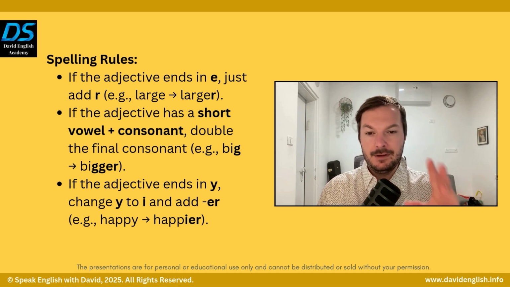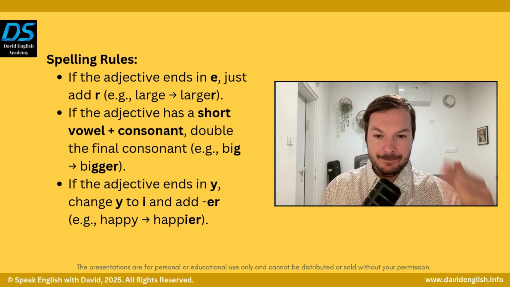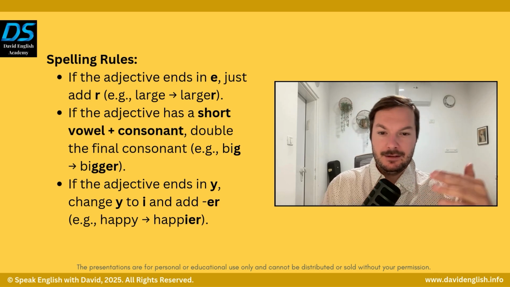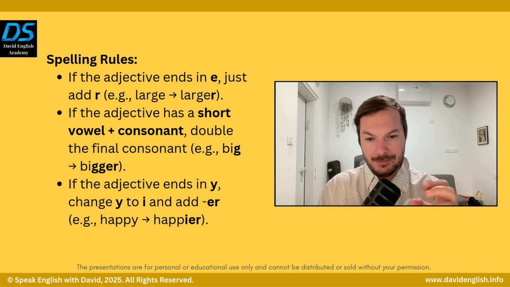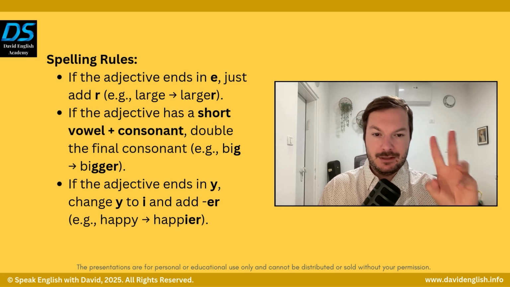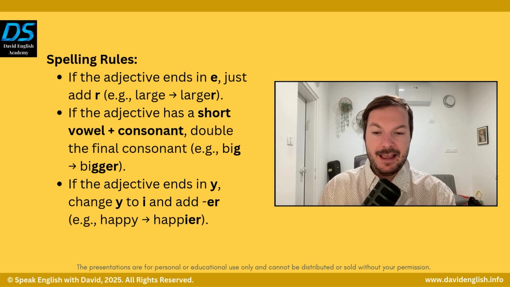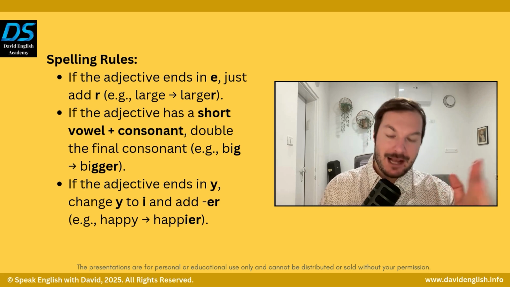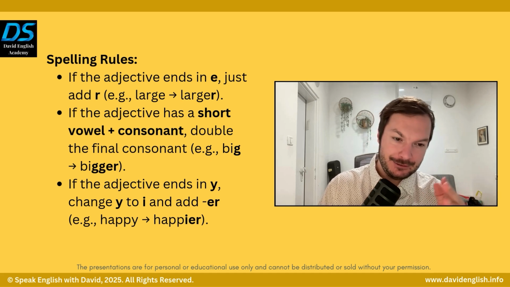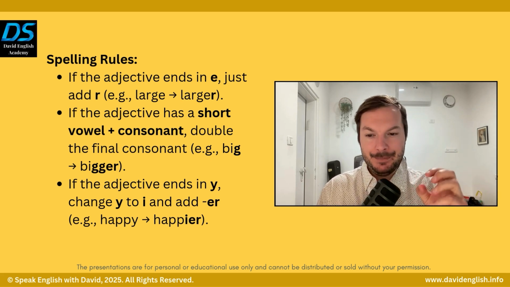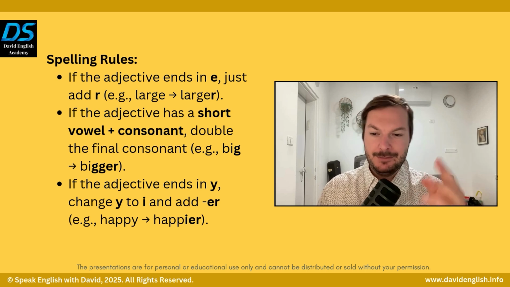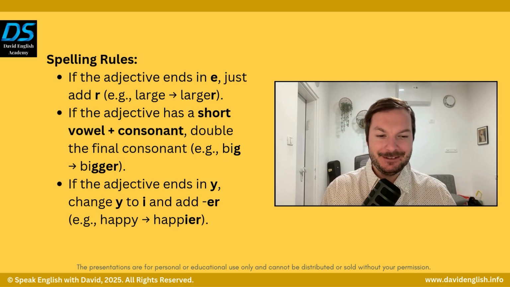For example, big, it ends with a G and it's got a short vowel next to it, so it's going to become bigger. You're going to double it. And if the adjective ends in a Y, change Y to I and add -er. For example, happier. Drop the Y, put IER, and you got happier. I hope you're happier after hearing that.